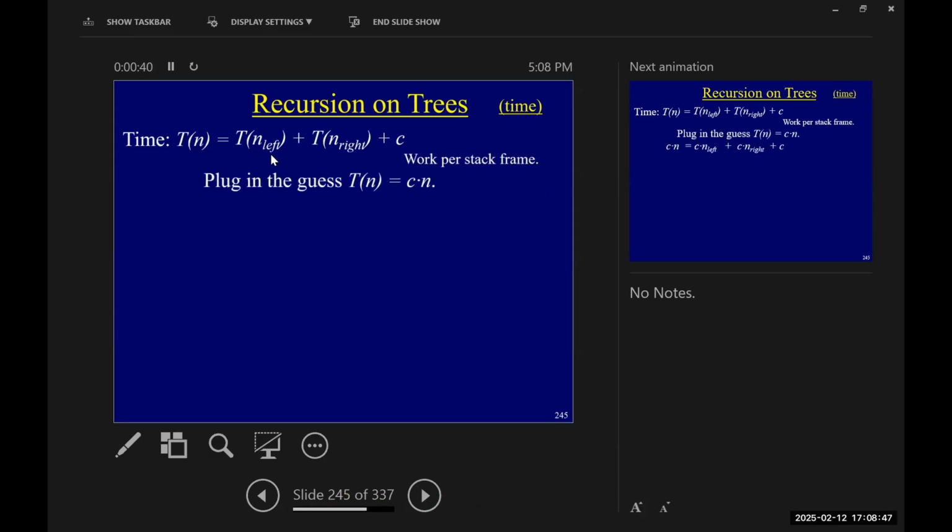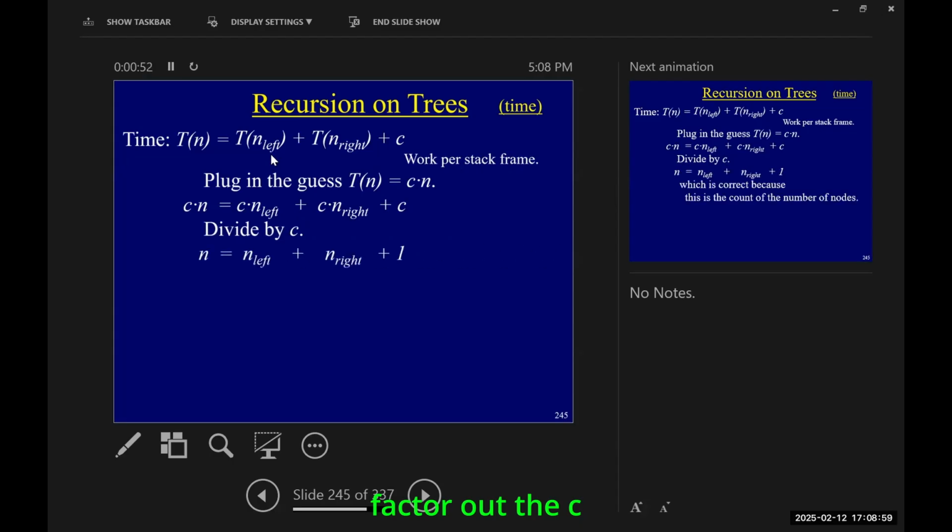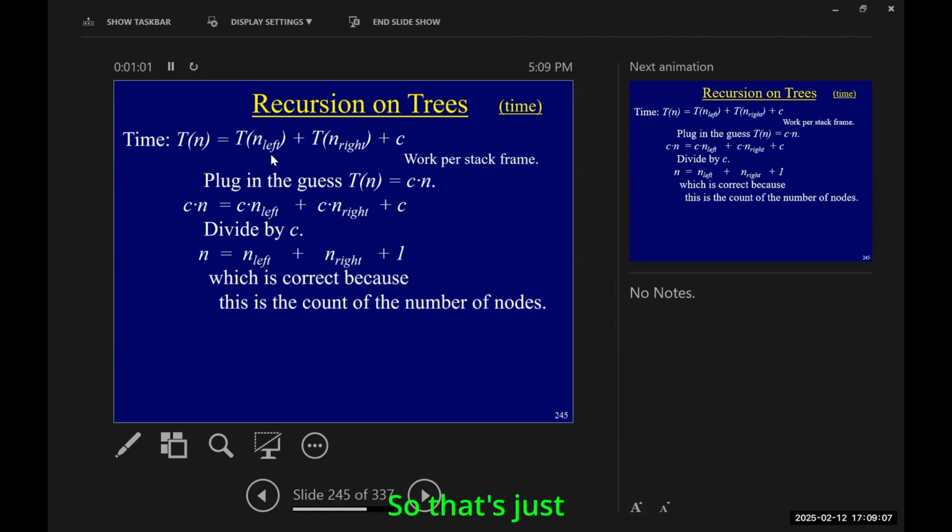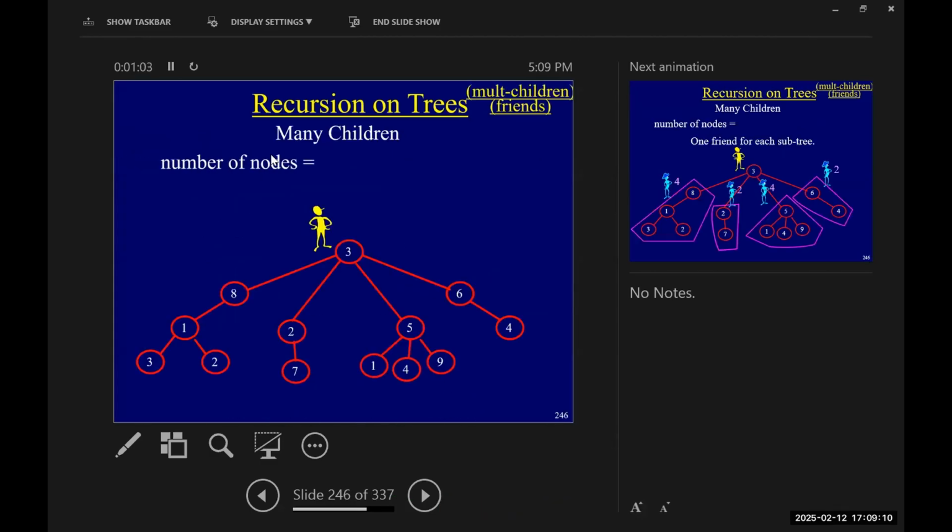So we guess that if every guy is doing work c, then the total will be c times n. So you plug in your guess, and then you factor out the c, and you see that this is a true statement. The number of nodes in the tree is the number on the left plus the number on the right, right? So that's just, all right, everybody good with that?